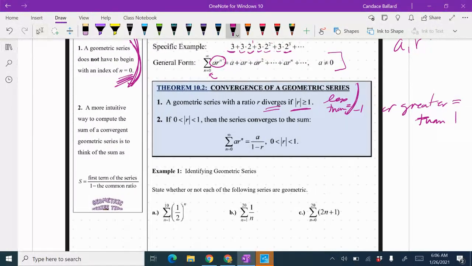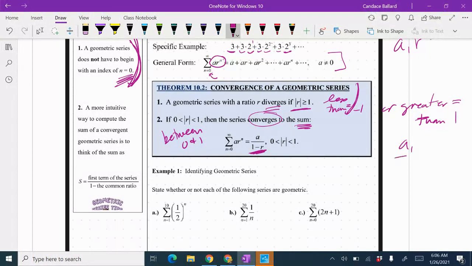If the absolute value of the ratio is between 0 and 1, then the series converges. And this is the only case that actually has a sum that it converges to, and the sum is a over 1 minus r.